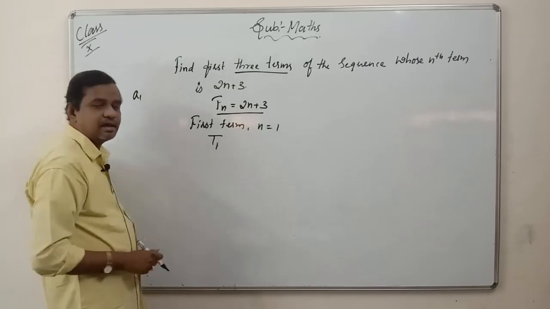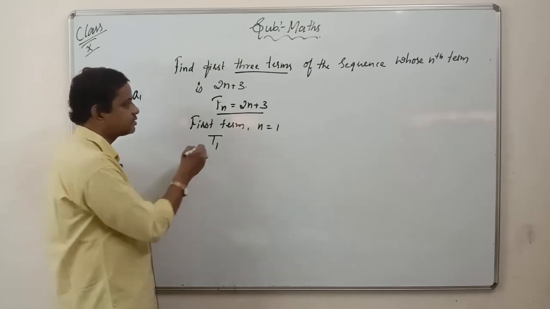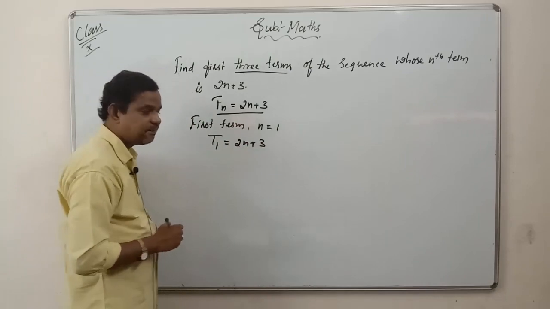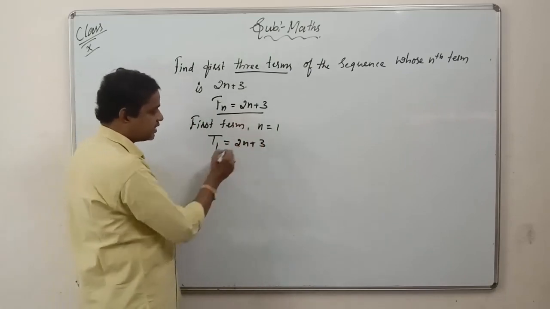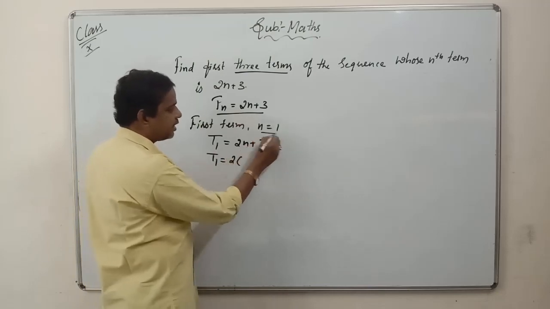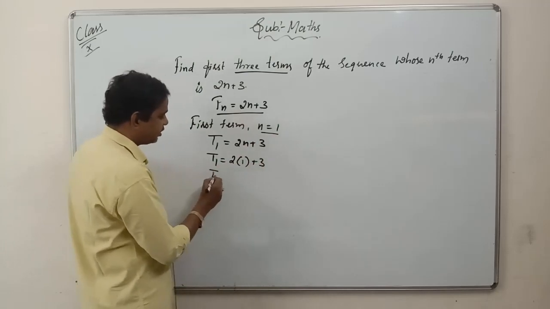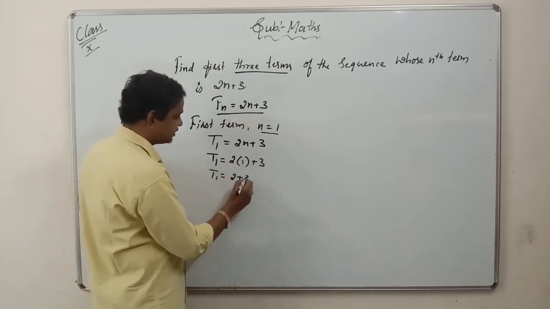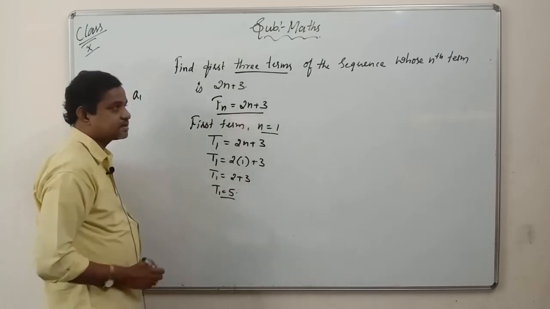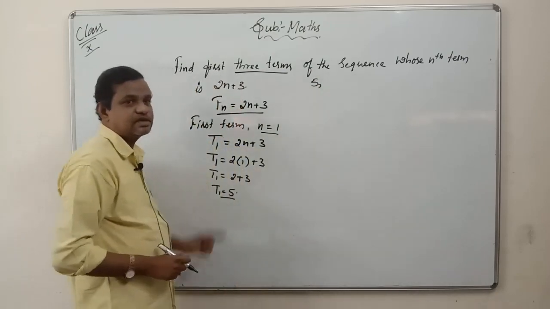But T is very easy, so it will make you remember T represents term here. So T1 equals 2n plus 3. But n equals 1, so T1 equals 2 into 1 plus 3. So T1 equals 2 plus 3, so T1 equals 5. The first term of the sequence is 5.